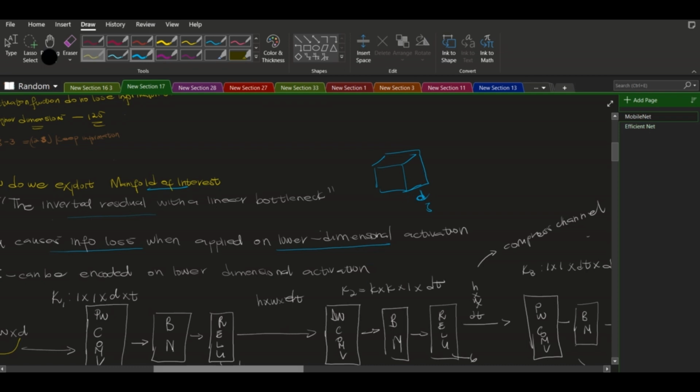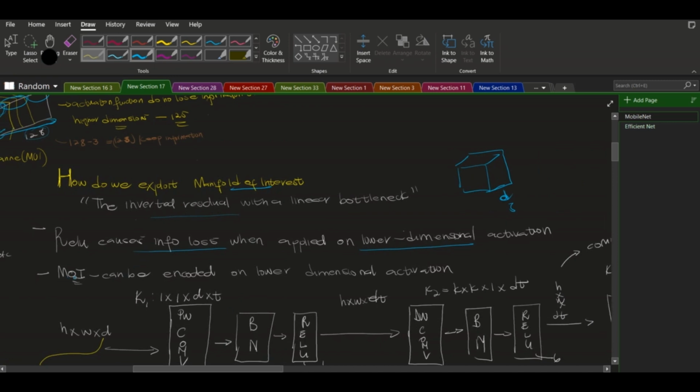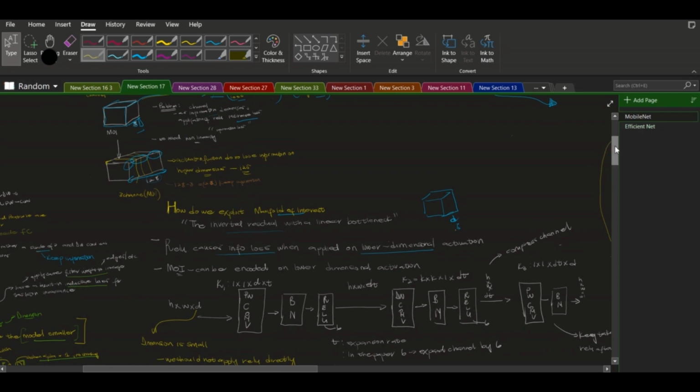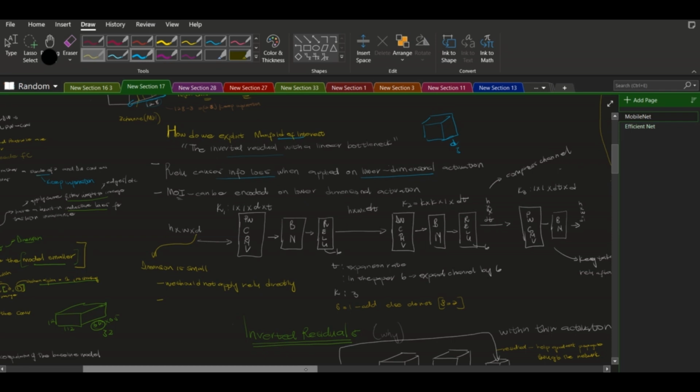That's a problem. But the manifold of interest can be encoded in lower dimensional activation. I'm going to walk you through this visualization here so that you can understand.